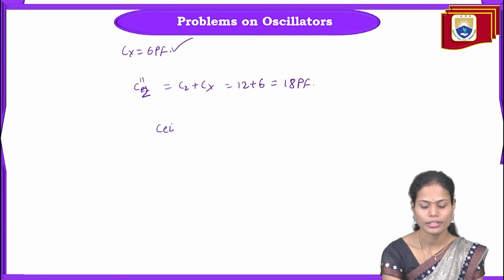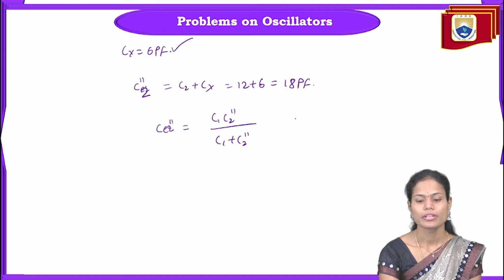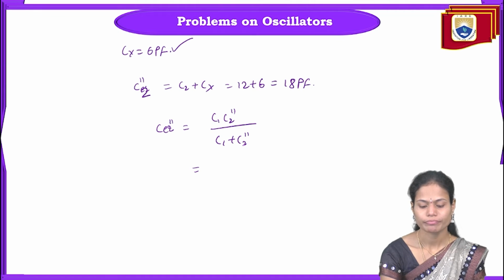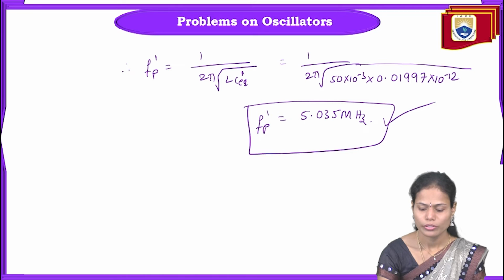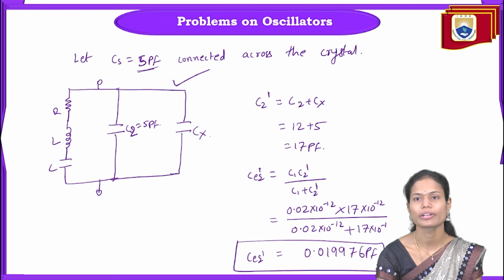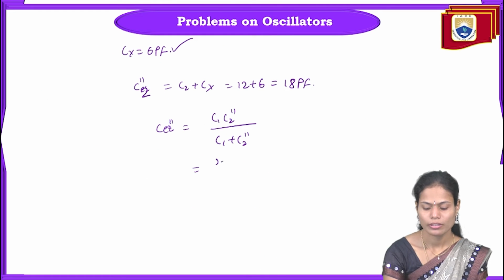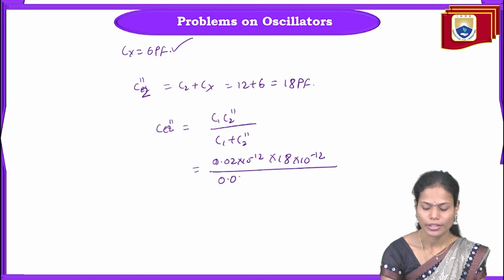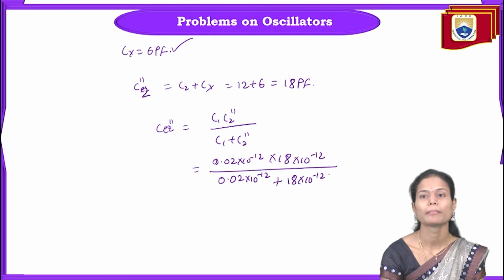So C equivalent overall capacitance is now C1 C2 double dash by C1 plus C2 double dash. So after substituting the C1 value given in the problem, 0.02 picofarads, and C2 double dash is 18 picofarads, that is 0.02 into 10 power minus 12 over 0.02 into 10 power minus 12 plus 18 into 10 power minus 12.